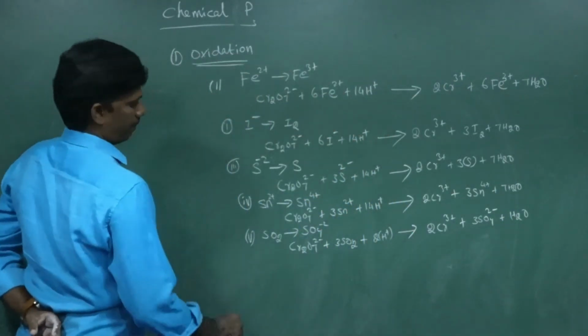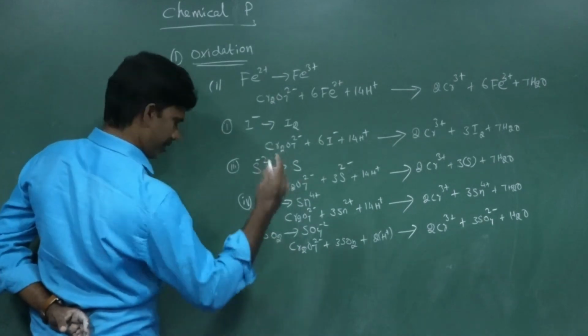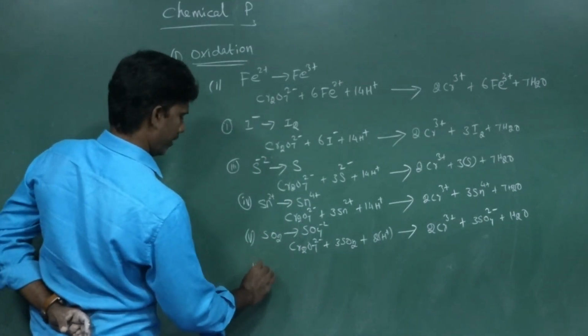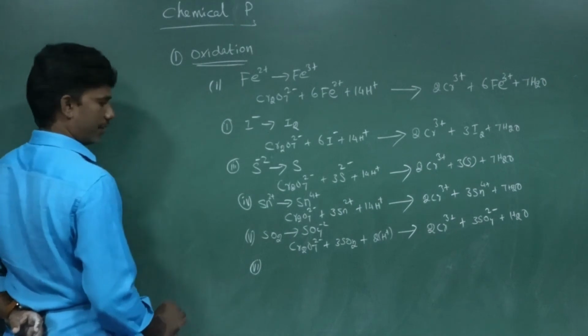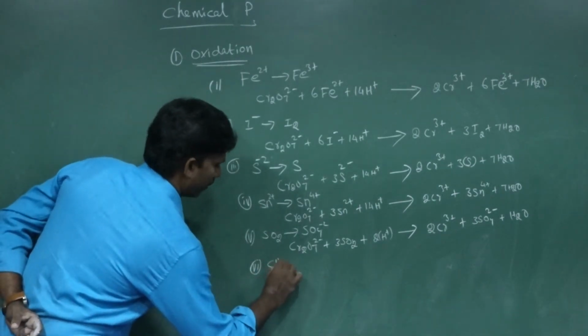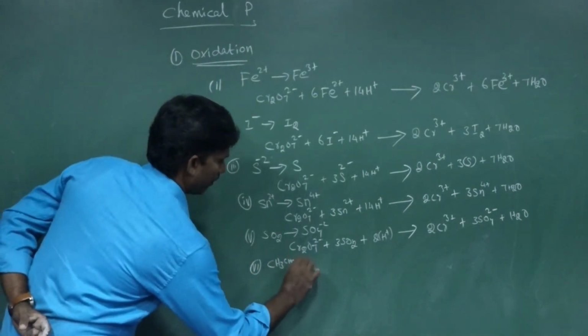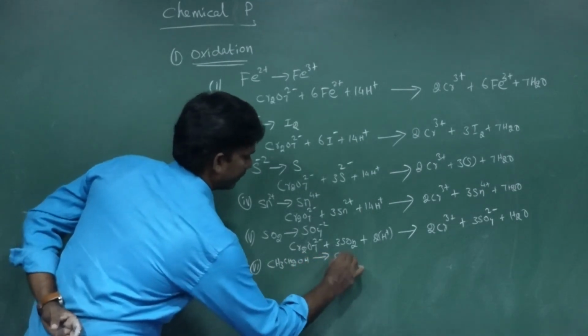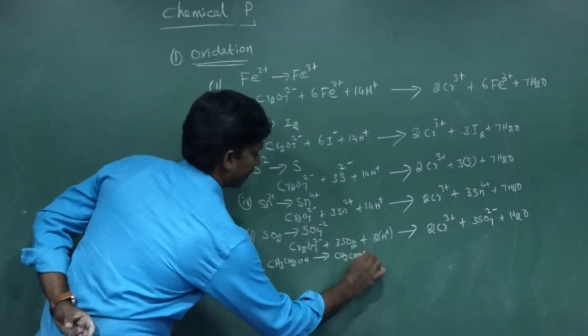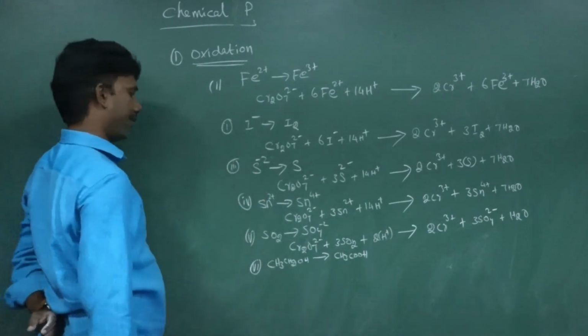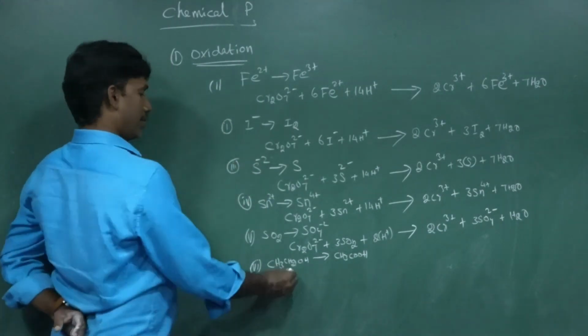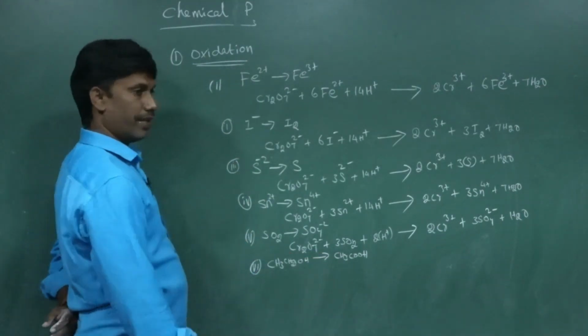Okay. And finally, there are still a lot more examples. We can finish this with alcohol to acid. It oxidizes alcohol. It's a very familiar equation you have studied in 10th standard itself. Ethyl alcohol is oxidized to give acetic acid.